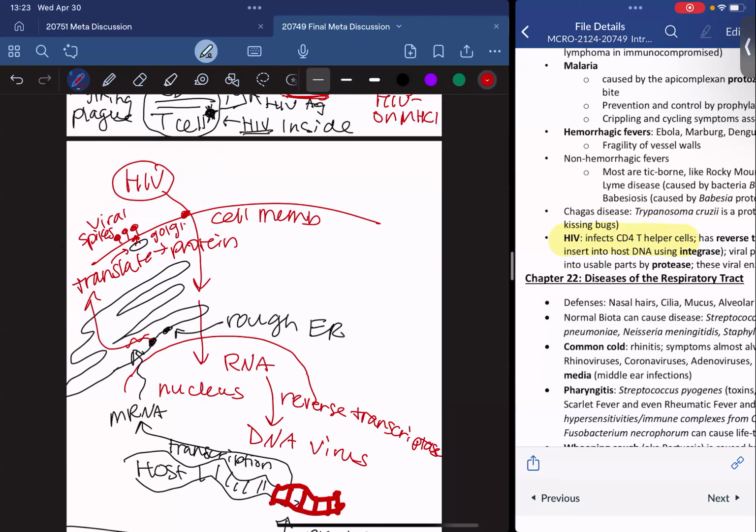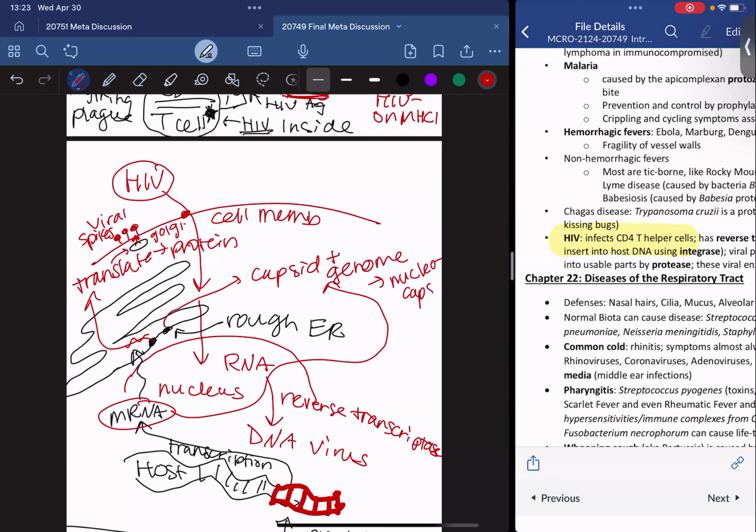In the meantime, we will also make proteins that we will translate out. That'll be capsids. And from this mRNA in here, we can use this as the genome. The capsid plus the genome is known as the nucleocapsid, which has a nice happy little shape to it that we call icosahedral.